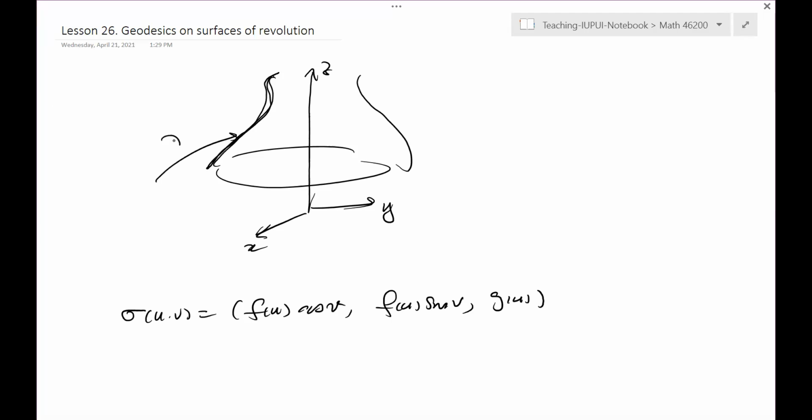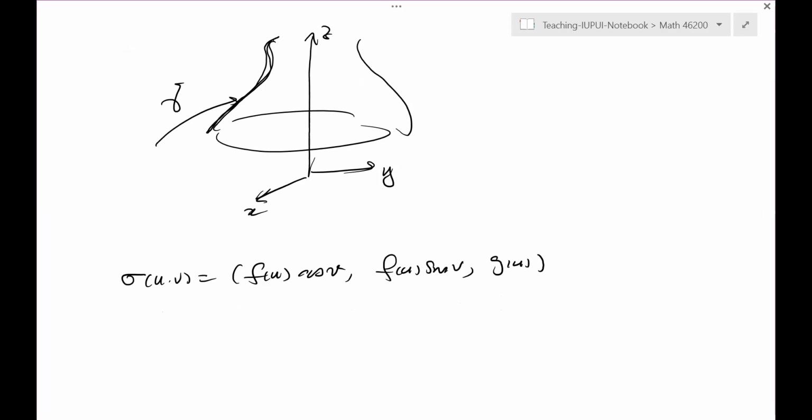Okay, this is a curve gamma. We call it the meridian. We rotate it around the z-axis. For every fixed angle, the curve is a unit speed curve. We assume that f prime of u squared plus g prime of u squared always equals 1.